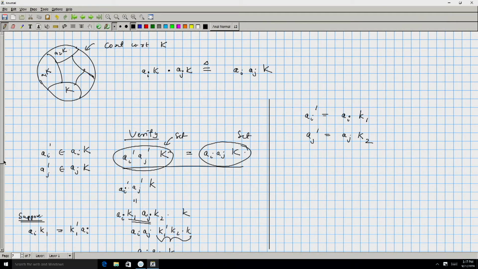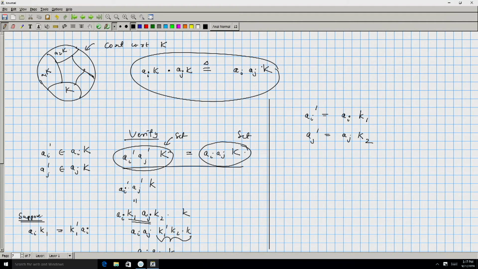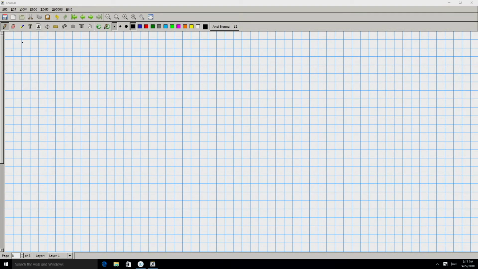And what we will show next is that this is the only possibility, in the sense that if this definition of multiplication is to be valid, then K must indeed be a normal subgroup. Okay. So, that is the second part.